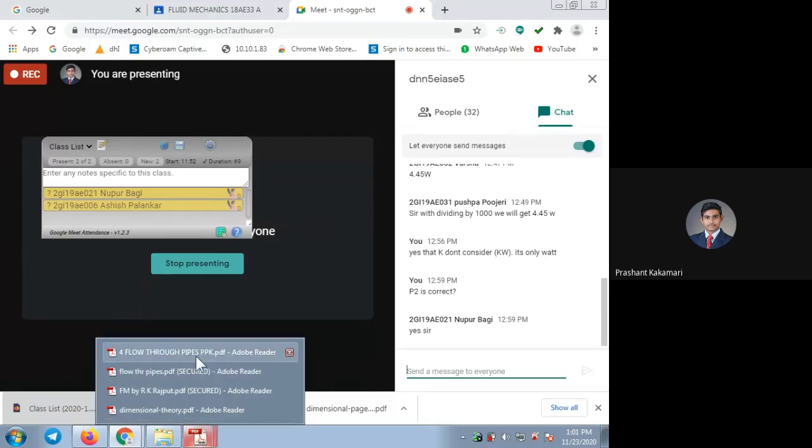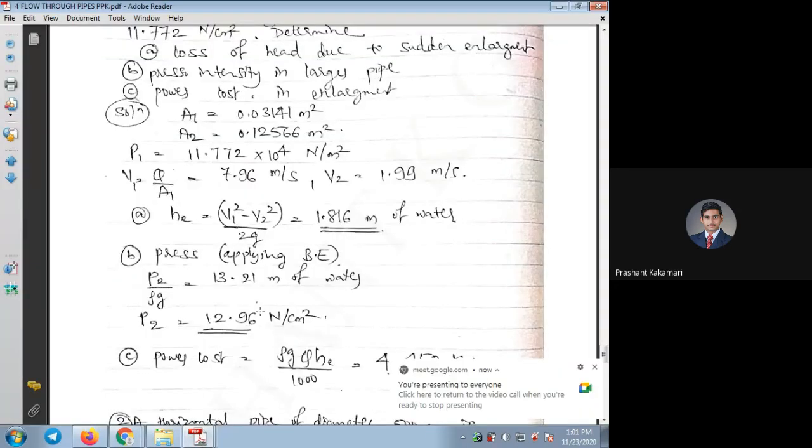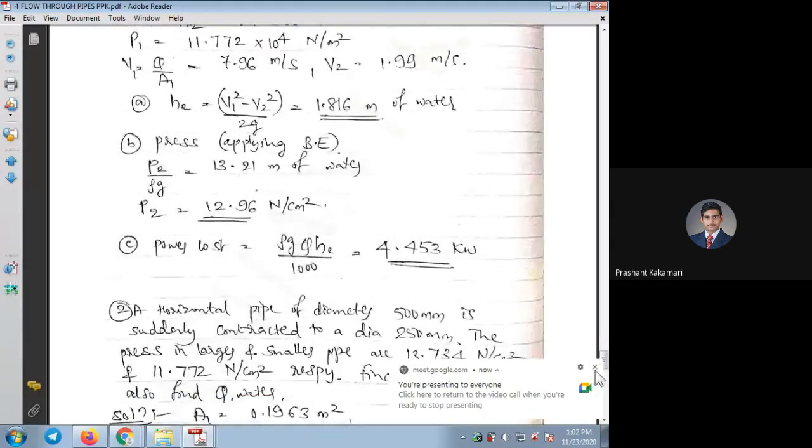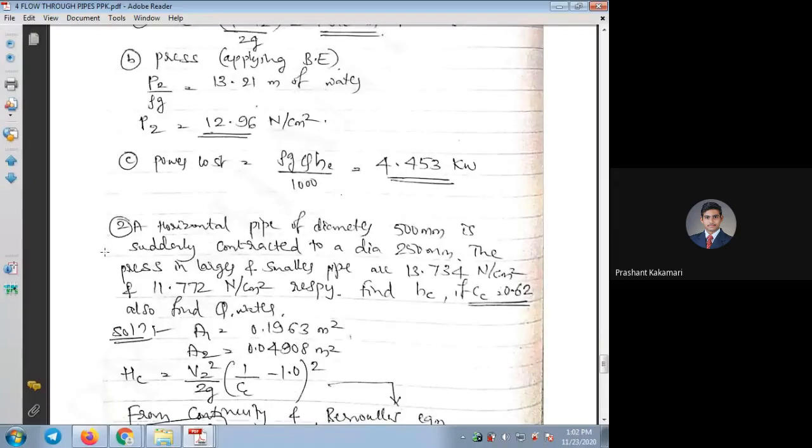Now next we'll see one more problem. I think this is the last problem. So carefully see the problem here. A horizontal pipe of diameter 500 mm is suddenly contracted to diameter 250 mm. So both the diameters are given. Find the areas. The pressure in larger and smaller pipe are given.